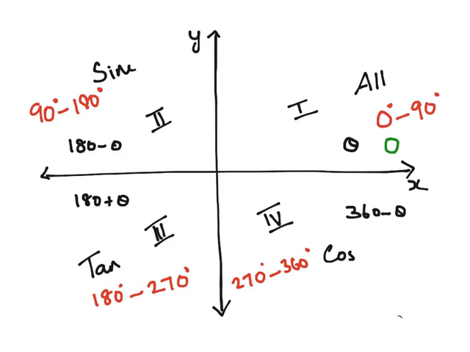We'll have 0 to pi by 2, which is nothing but 1.57 radian.